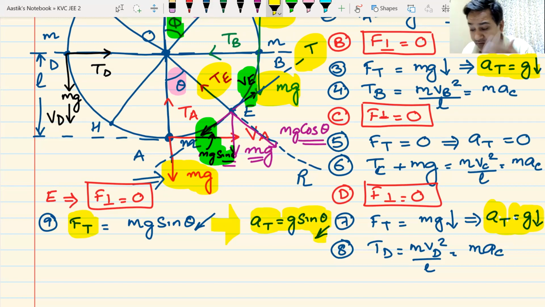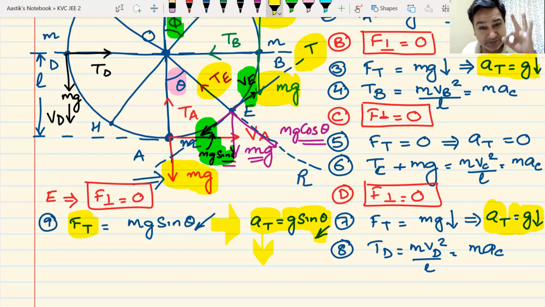Now, I've also highlighted something in green. Velocity is like this, force is like this. What will this force do with this velocity? Remember, tangential force, tangential acceleration. This tangential acceleration has one task. What does tangential acceleration do? It changes the magnitude of velocity, sir.